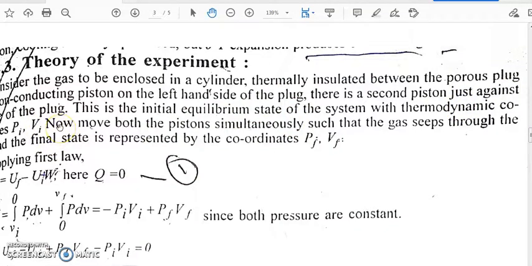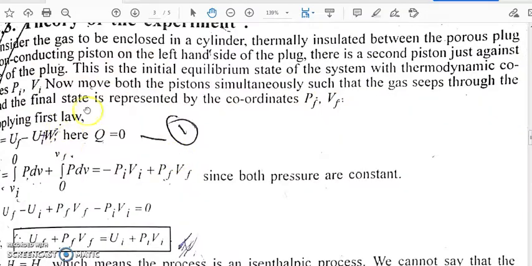The initial equilibrium state is taken as Pi and Vi, the initial pressure and volume. Now move both the pistons simultaneously. Then the final state will be Pf and Vf. Okay, so the pressure will change and the volume will change, then you have to apply the first law.